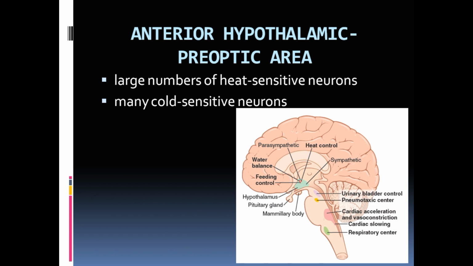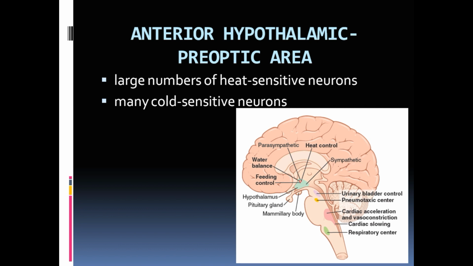The anterior hypothalamus, as I have said, acts inside the brain as a heat sensitive area. The anterior hypothalamus, especially the preoptic area, contains a large number of heat sensitive neurons, as well as one third of its neurons are cold sensitive neurons.